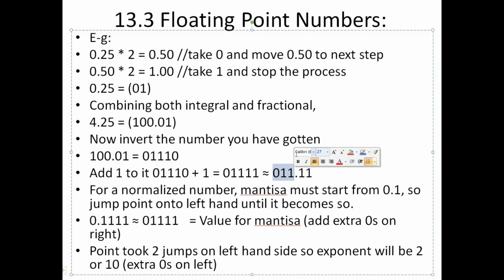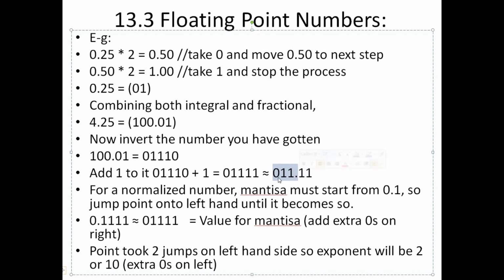Technically, whenever we are writing the answer for mantissa and exponent, we have to make sure it is in the normalized form. Or in simple terms, you can say that this is our answer, but we cannot write it as it is, because we have to make sure for a positive number our binary number starts from 0.1 and for a negative number it starts from 1.0.